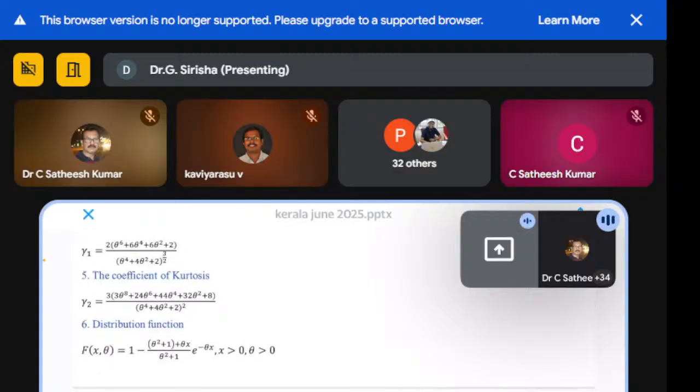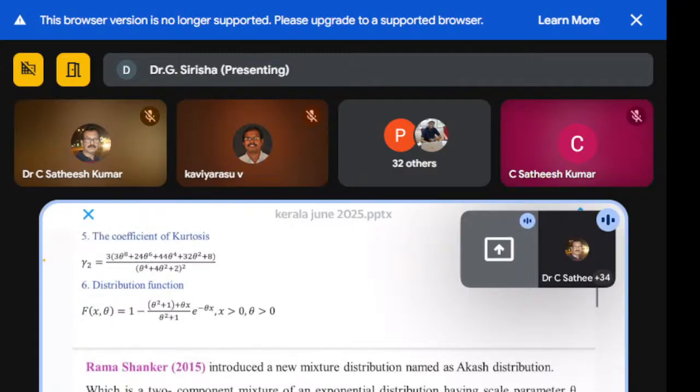The next distribution is also derived by Ramashankar, and this distribution is named the Akash distribution. It is a two-component mixture distribution. One is exponential with scale parameter theta. The other is gamma, but here the shape parameter is taken to be 3, and the scale parameter is the same theta.